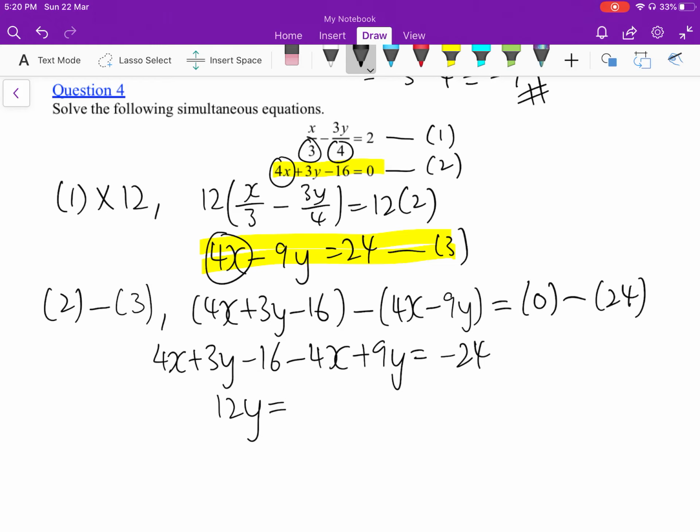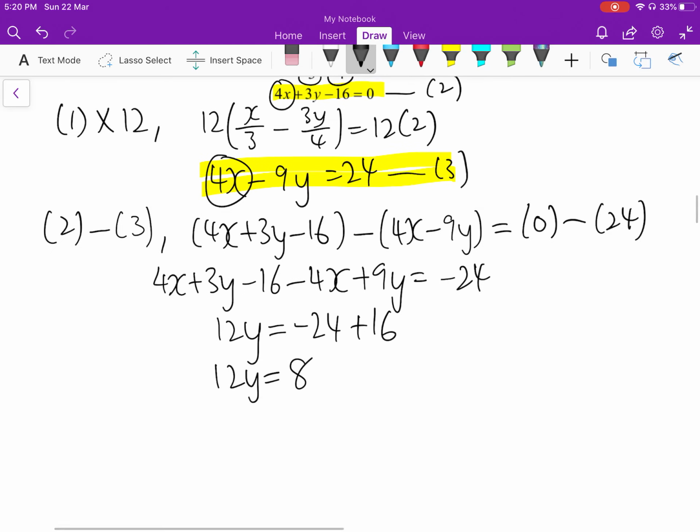And the negative 16, I can shift to my right side, and it will become positive 16. So 12y equals negative 24 plus 16. Sorry, I should get negative 8, not 8.